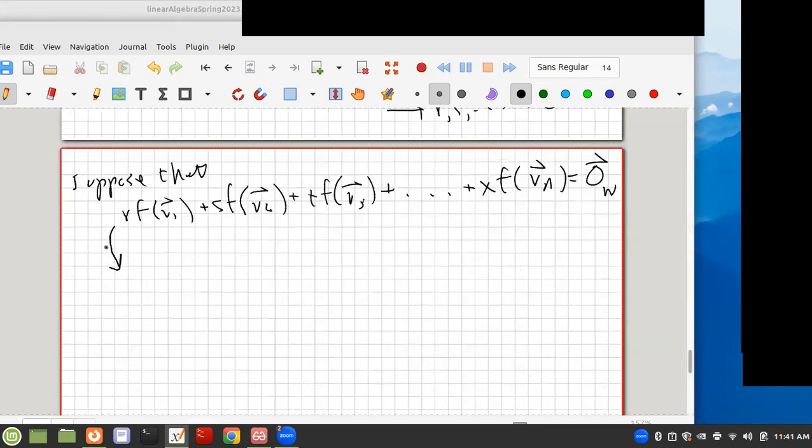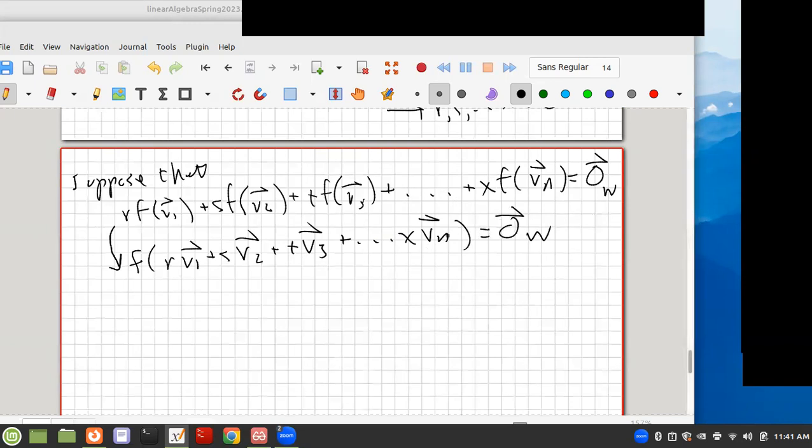Due to linearity, this is the same thing as F of R V1 plus S V2 plus T V3 plus X Vn that equals 0. So I've just rewritten this because F is linear. I know that that's true. I can just change it.